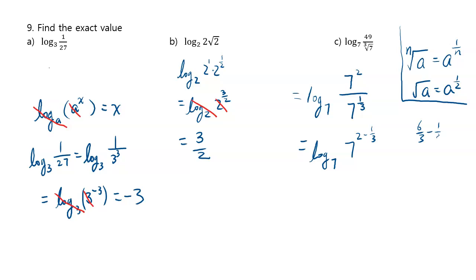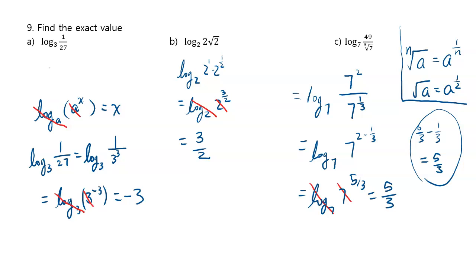And if you subtract 1/3, 6 minus 1 is 5. So that gives you 5 over 3. And because of this, this is log base 7 of 7 to the 5 over 3. And again, there's a cancellation between the log and the exponential function, and you end up with 5 over 3.